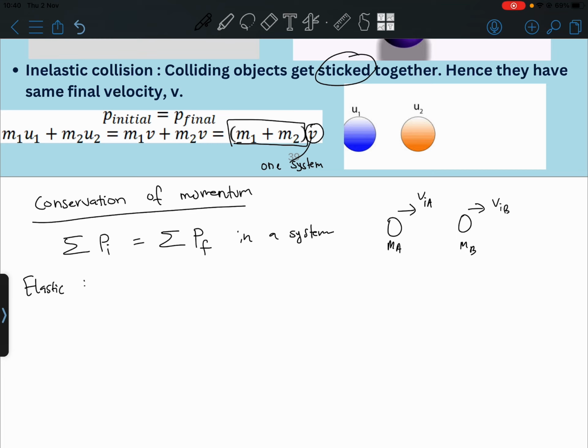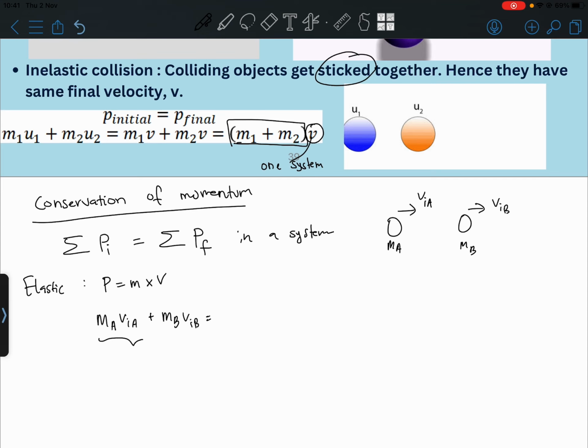Because you know momentum P is mass times velocity, you sum between these two objects initially and also finally. Initially, MA times its velocity VIA, plus for particle B, MB times VIB, equals the final condition.